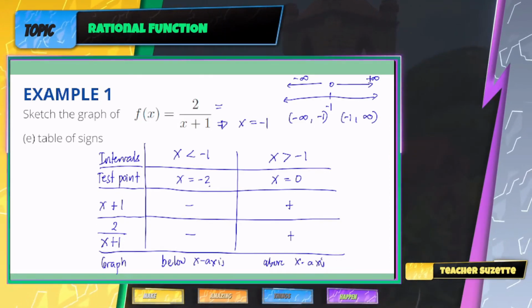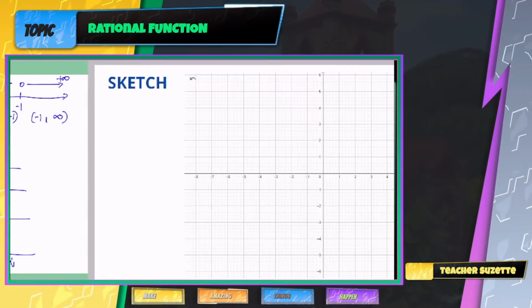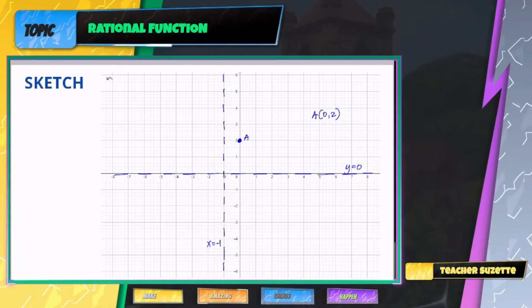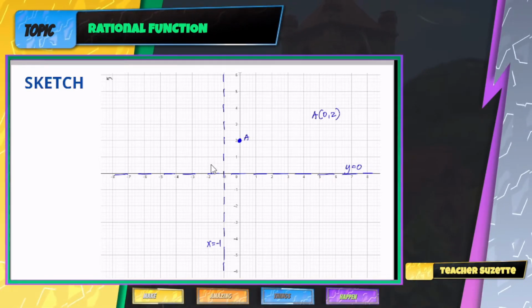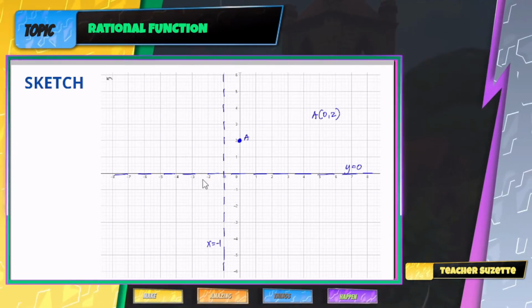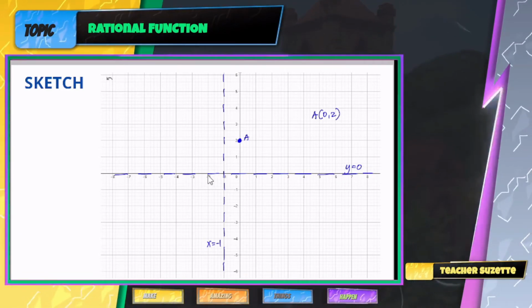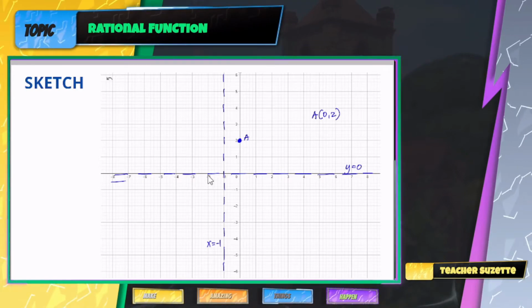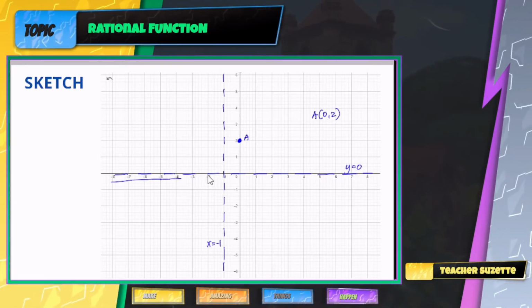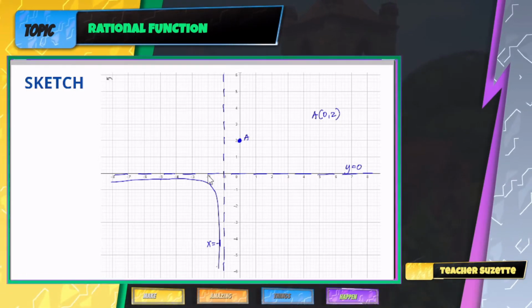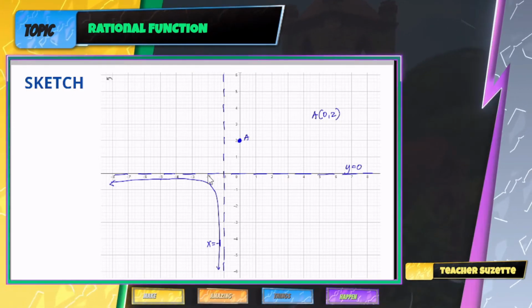So, negative 2 and 0, right? Let's go back to our earlier sketch. Where is negative 2? Here. So, negative 2 is below the x-axis. Therefore, if we sketch it, most likely our graph looks like this.